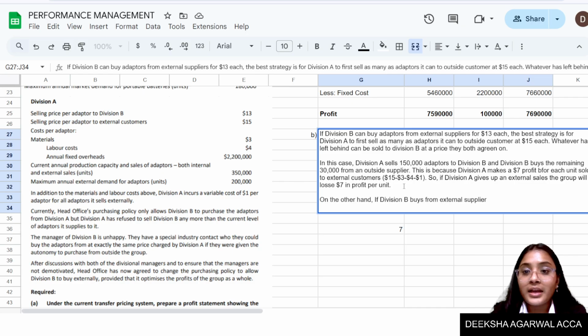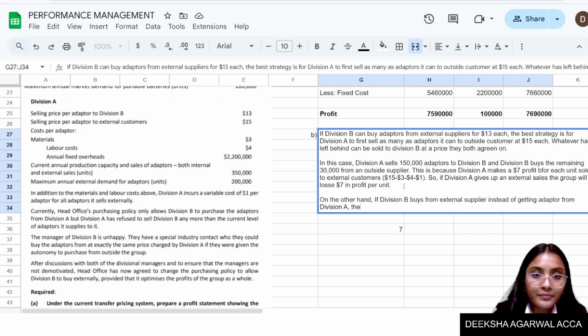Instead of getting the adapter from division A, in this particular situation the extra cost to the whole group is only... how much is your extra cost? $6.